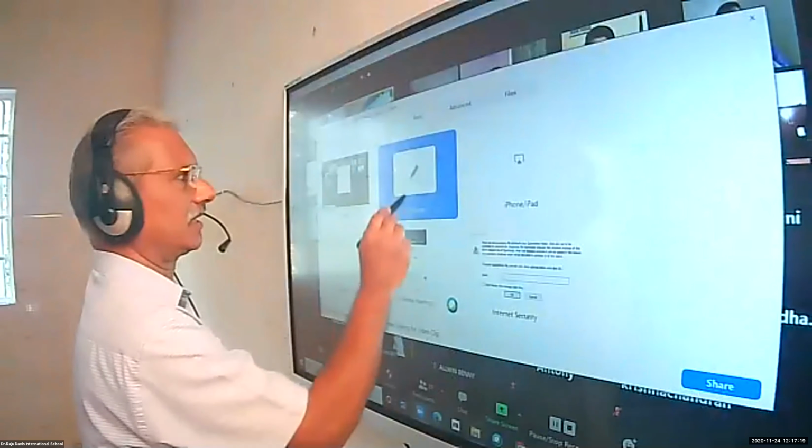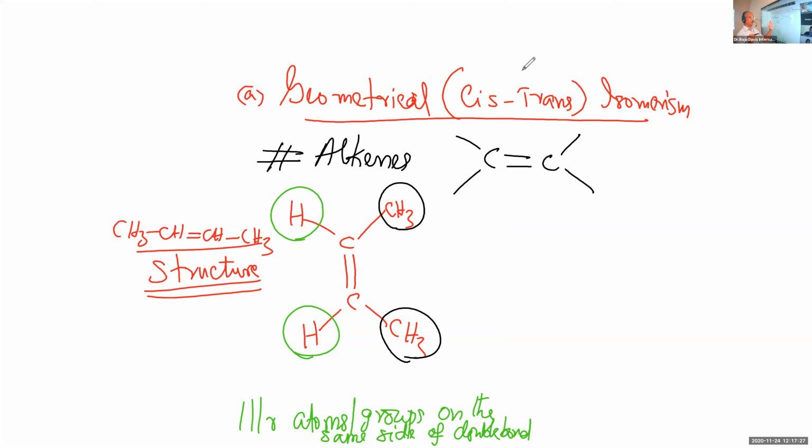Let us go back to the structure. So consider a plane perpendicular to the board, and the plane is passing through both the carbon atoms.